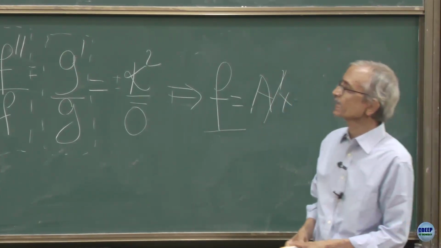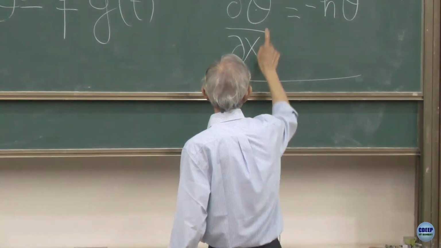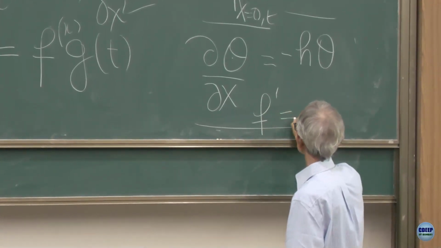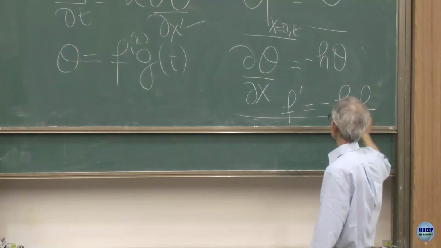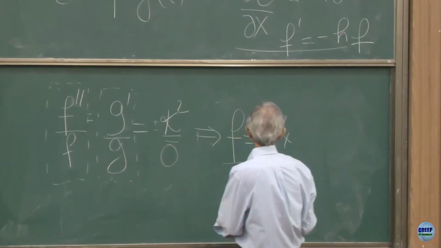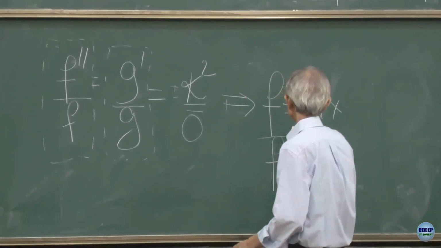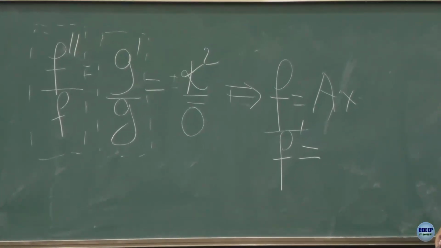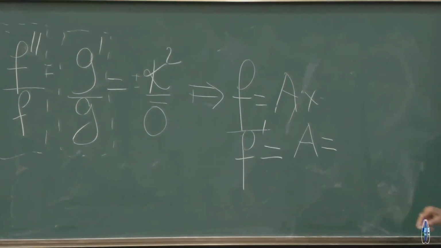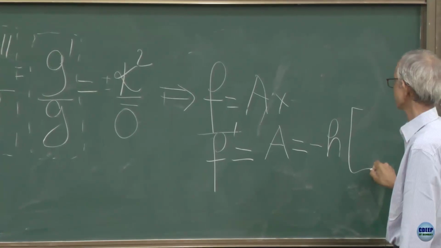What is my next condition now? Next condition is this here. Del theta del x is minus h theta, so this is going to be f prime is minus hf. That's what that's going to be. So f prime is equal to a, which is also equal to minus h times what?